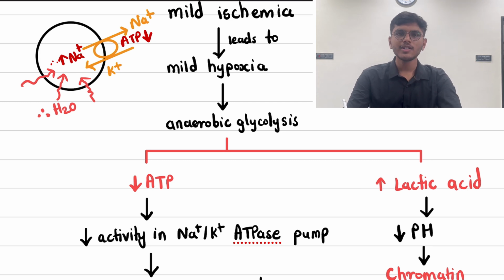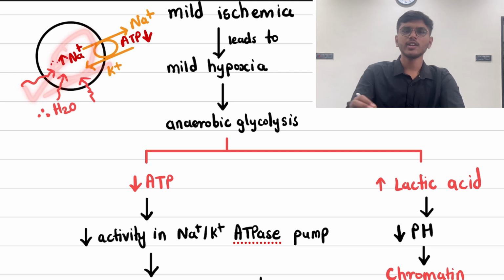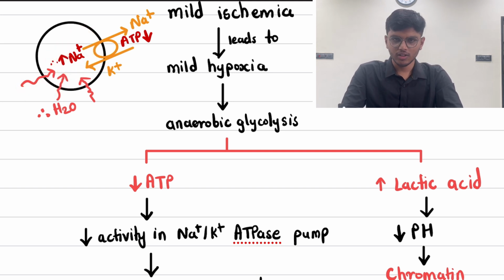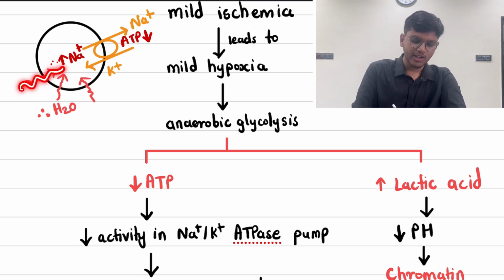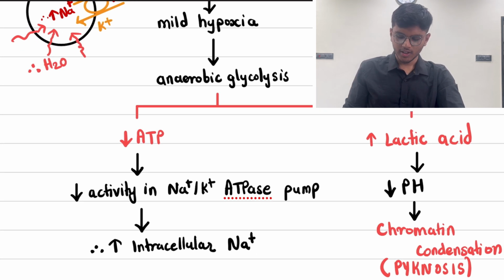But when there is decrease in ATP, the action of the pump decreases or stops, so sodium remains inside the cell and increases. As sodium increases inside the cell, water gets attracted towards the sodium and water gets inside the cell. So this is all about decreased ATP.